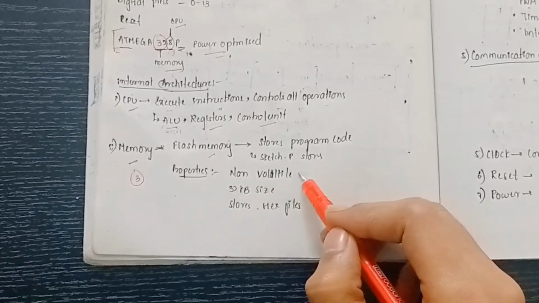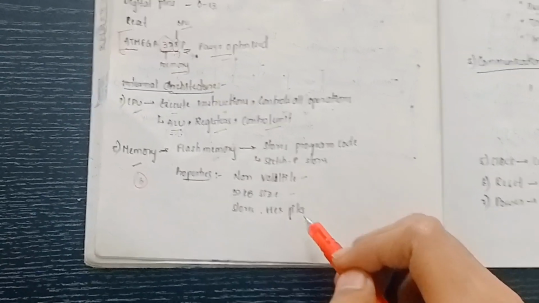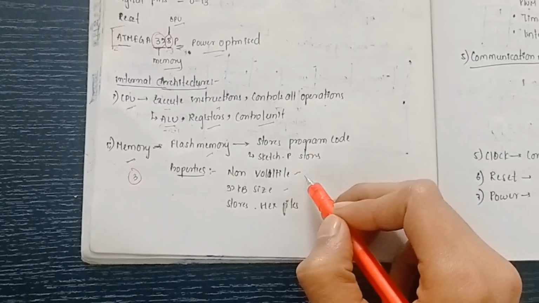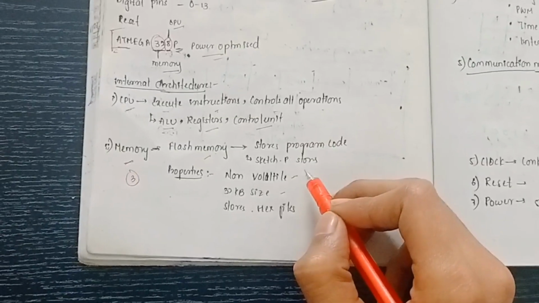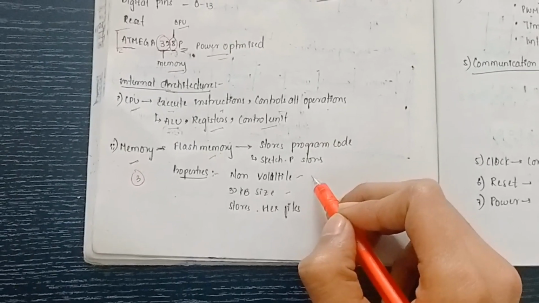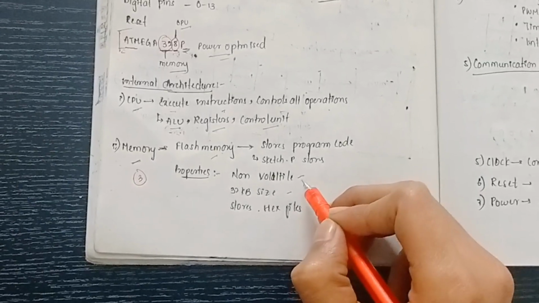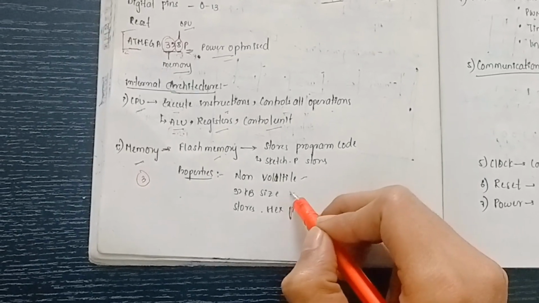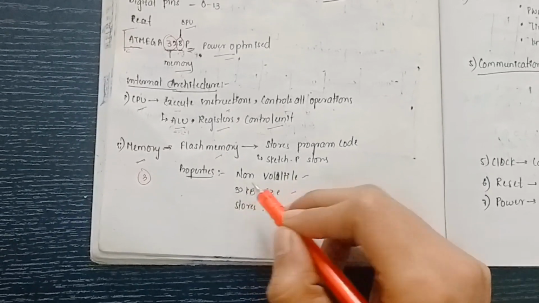These are non-volatile and 32 KB in size. Non-volatile indicates that when the system restarts, the code which we have written would not be erased. It stays stored in this 32 KB.